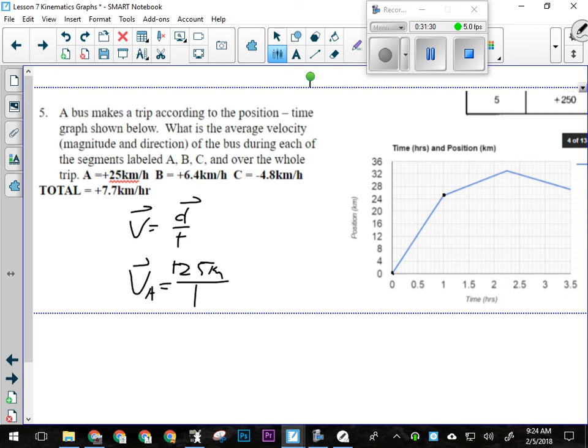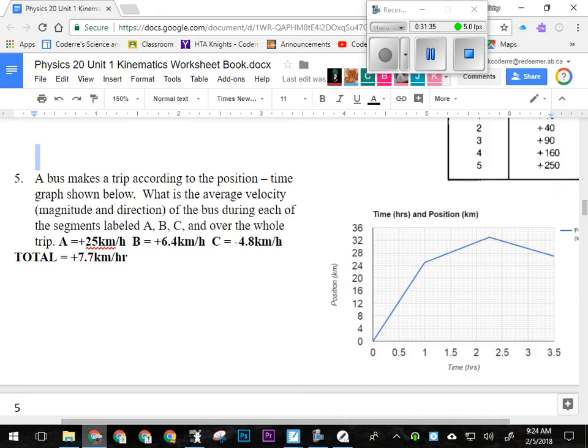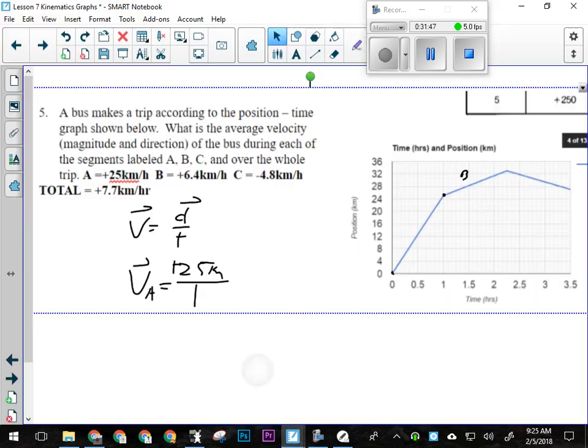Then for part B, I can't even read it on there. We go from 25 to 33, you guys got 33? Okay, it's hard to read it on there. So we do the same thing. The average velocity during part B is our final position, 33, minus our initial position, 25, and that took 1.25 hours.